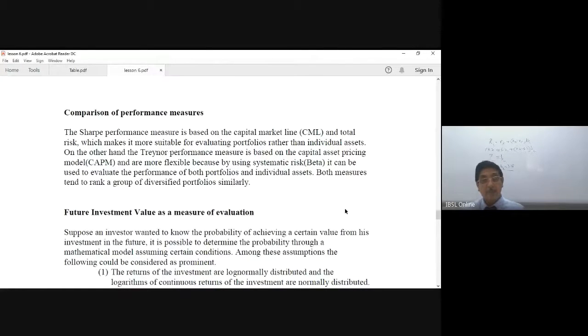By looking at the risk and return values of certain assets or certain portfolios, the plotting was done, and you got several points on the graph. But how are we going to demarcate the efficient frontier?